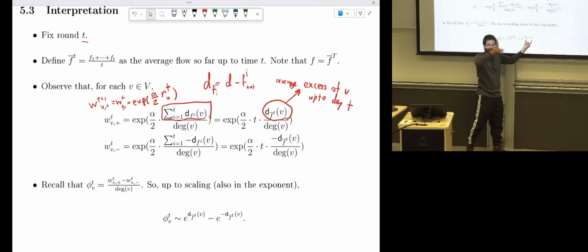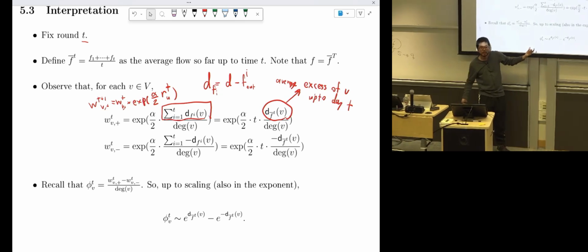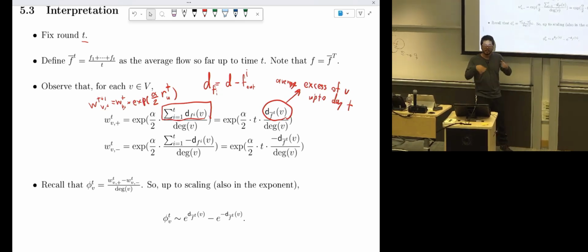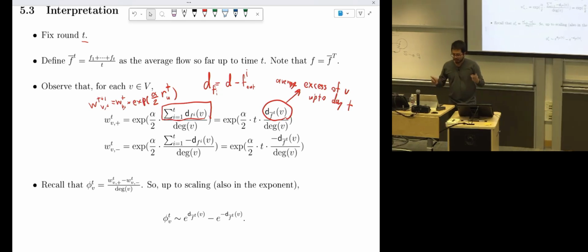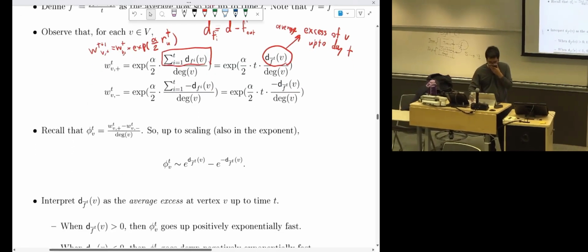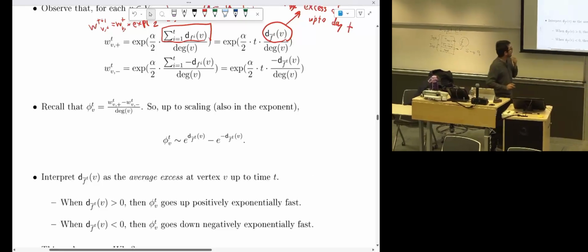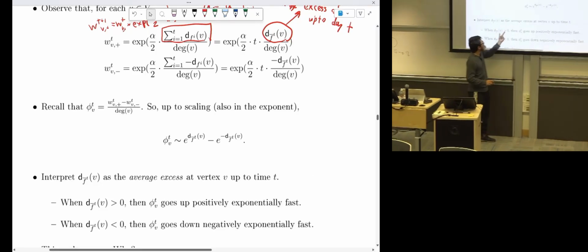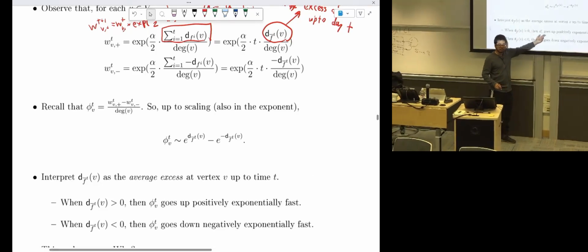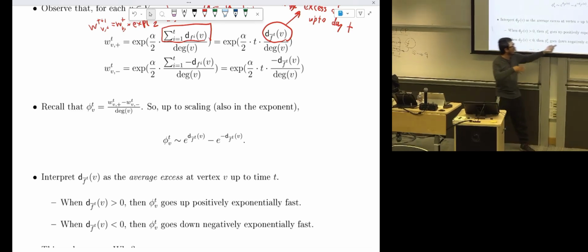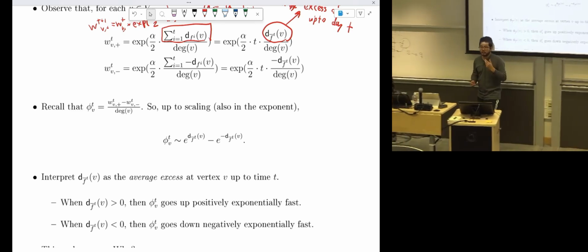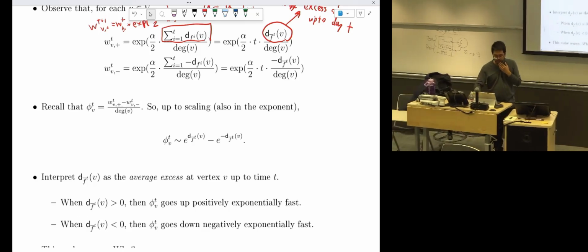When it is negative, it just goes down exponentially. You see, it changes in a drastic way. So when this average excess is positive, it goes up exponentially fast, and when this is negative, it goes down exponentially fast.